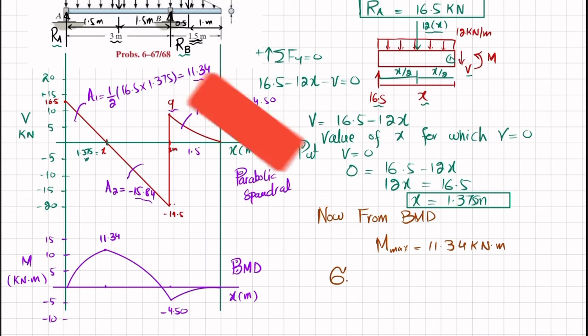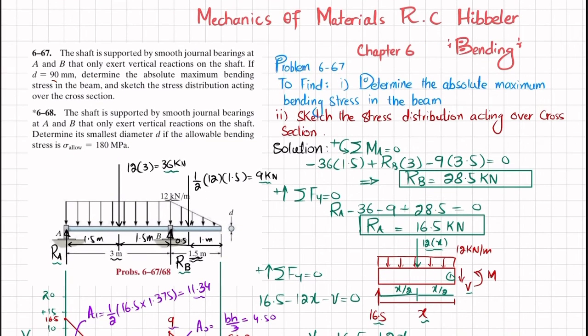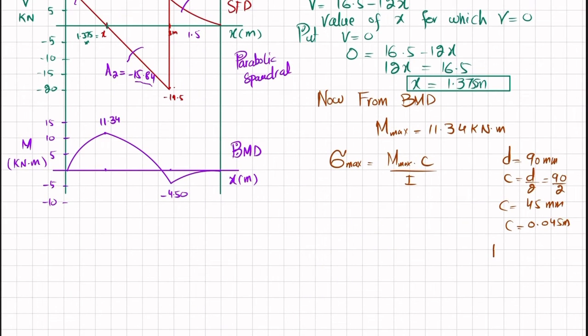So we know that maximum bending stress is equal to maximum bending moment into C divided by I. Diameter is given as 90 millimeter. So radius C is equal to D divided by 2. So 90 divided by 2 is equal to 45 millimeter, and in meter it is equal to 0.045 meter.